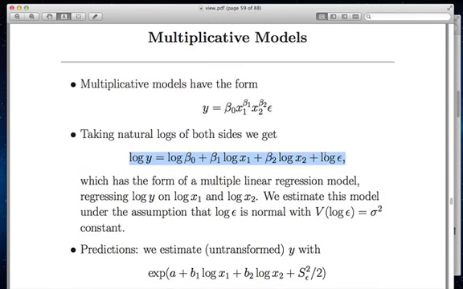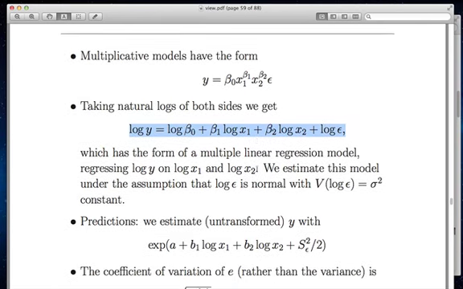A few more properties of this model that you'll need to know. When it comes to making predictions, you have to do something that's a little bit more complicated than you'd expect. You might expect we'll just exponentiate the predicted values, and that would be what you'd get if you exponentiated this part.